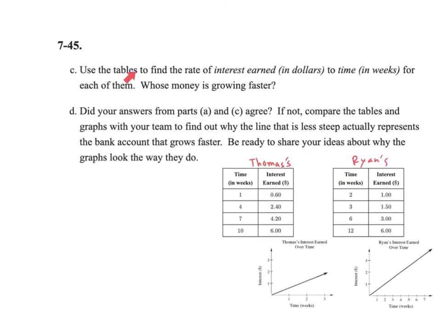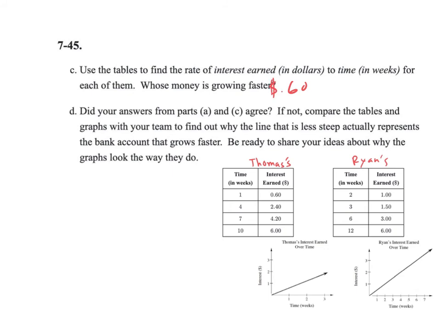Let's take a look at part C. So part C says use the tables to find the interest earned in dollars to time in weeks for each of these. Whose money is growing faster? So we will want to write a unit rate here. So Thomas, you've got 0.6 per week. So he's earning 60 cents per week.